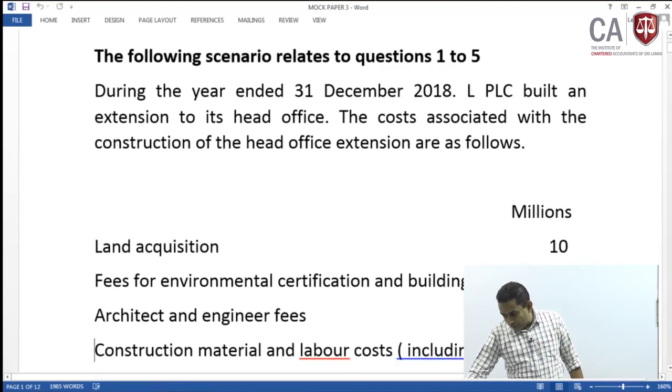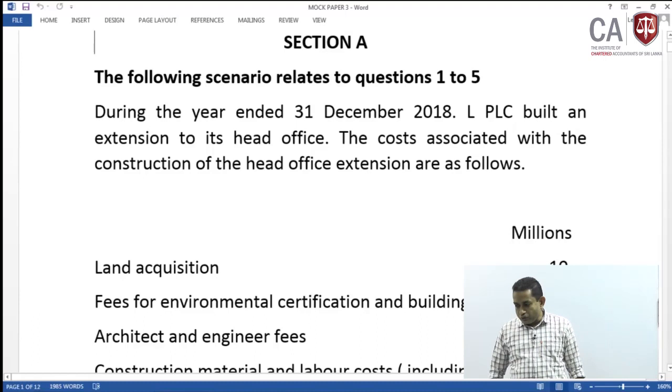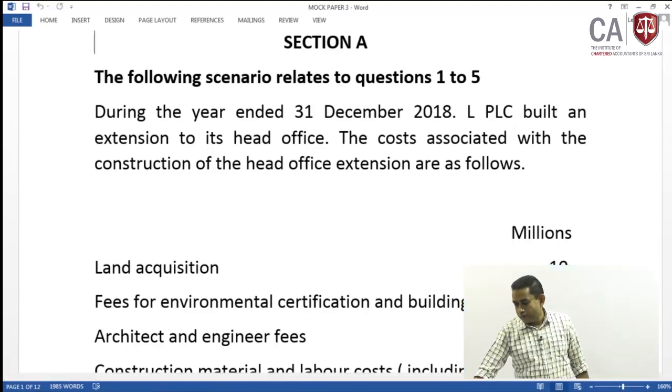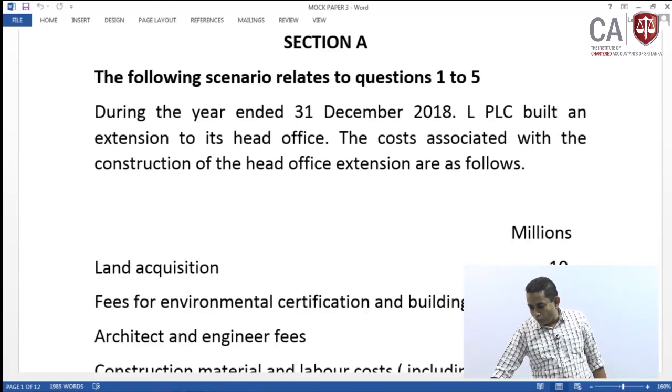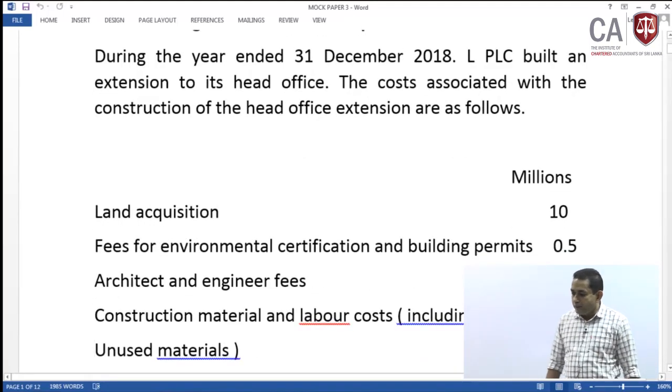The first 5 questions of the 10 MCQ questions are based on a small scenario. Let's go through the scenario first. The following scenario relates to question number 1 to 5. During the year ended 31st December 18, LPLC built an extension to its head office.